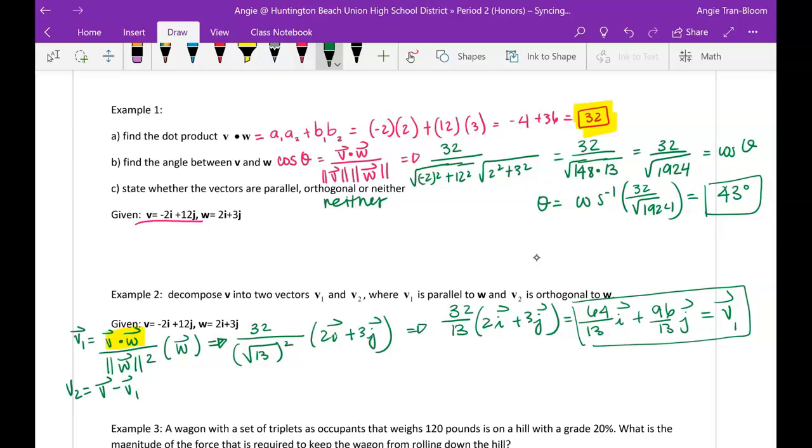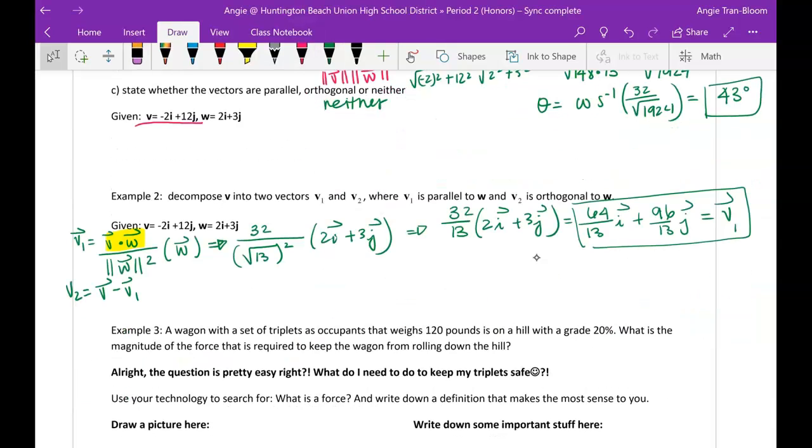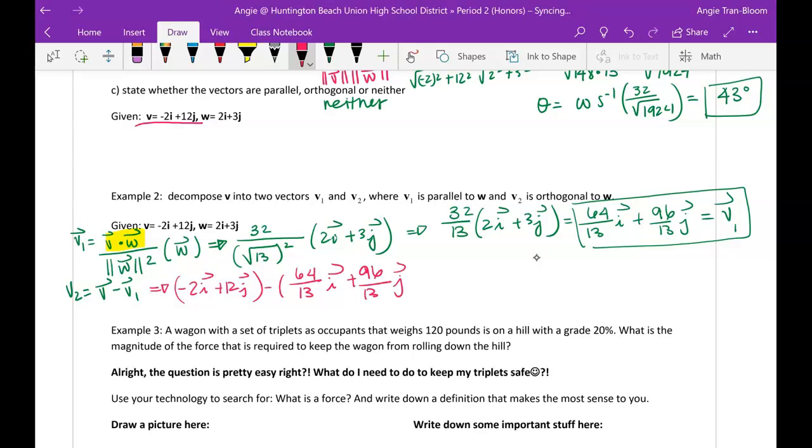To get V subscript 2, you would need to take V, which is negative 2i plus 12j, and take away your V1, which is 64 over 13 i plus 96 over 13 j.